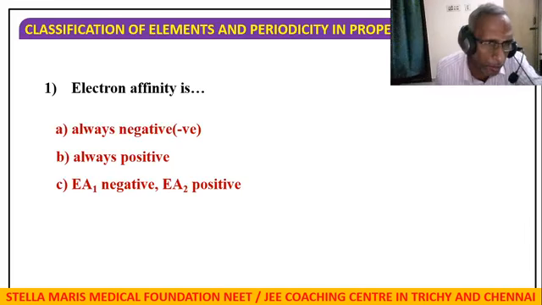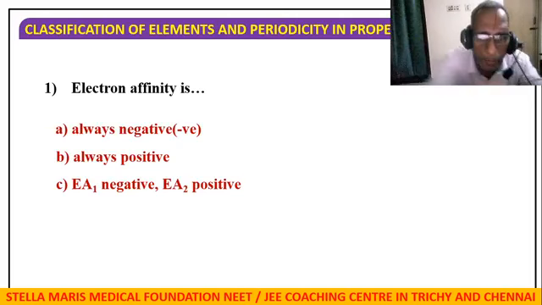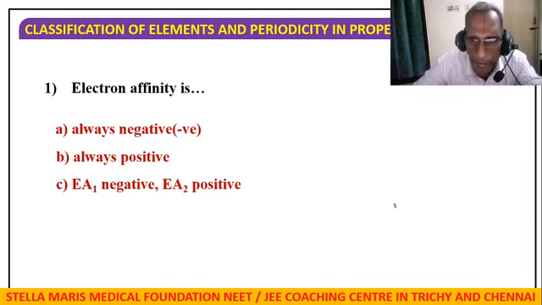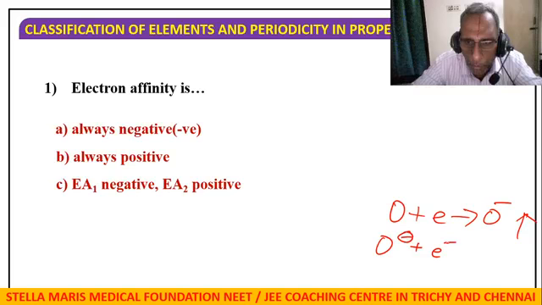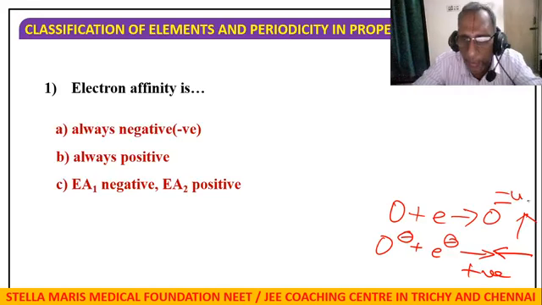So the first electron gain enthalpy is negative, the second electron gain enthalpy is positive. Just now we saw oxygen forming one oxide ion, energy is released. But for O minus, with one more electron, both are negative charge, you have to supply energy. So it is positive. Here it is negative.